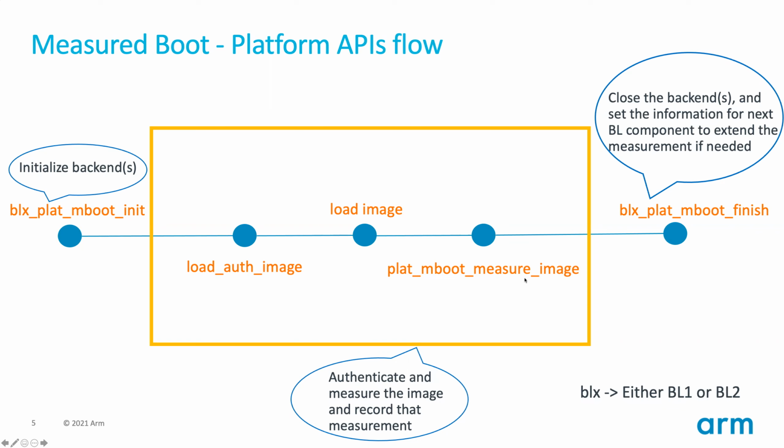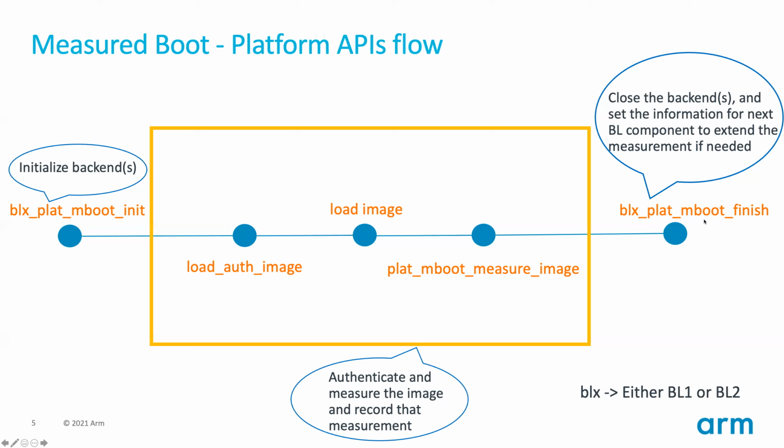Here a platform can implement its own method to measure the image and record its measurement either into the event log, or put the measurement in both the event log and the physical TPM. That is still possible.